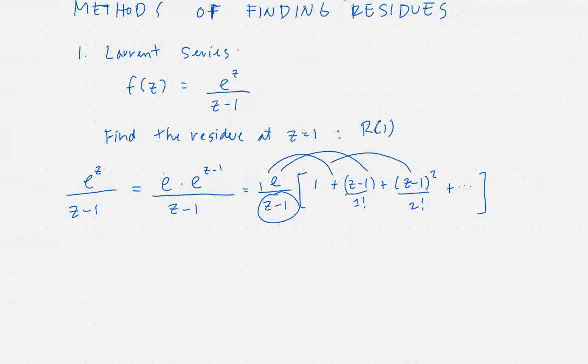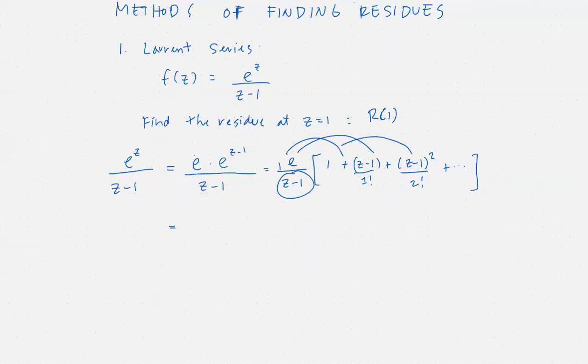Our expression will now become e raised to z minus 1 times... oh, I forgot, we have an e here. Multiplying that, we have e over z minus 1 times 1, so that's e over z minus 1.